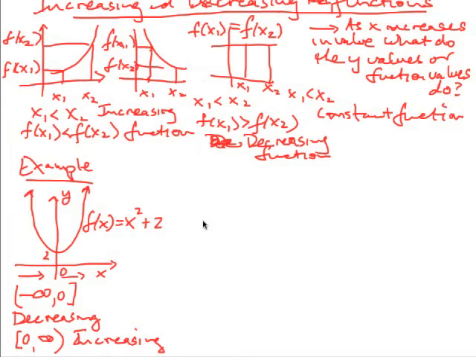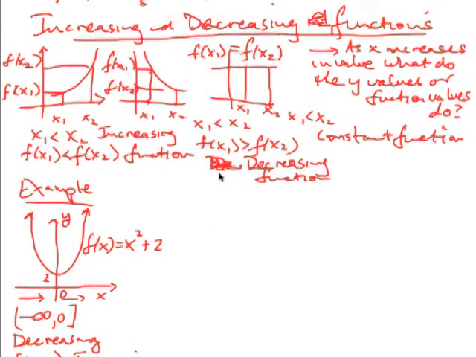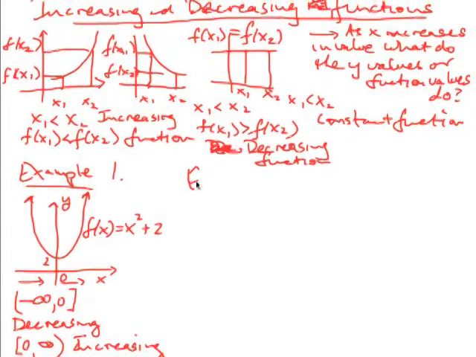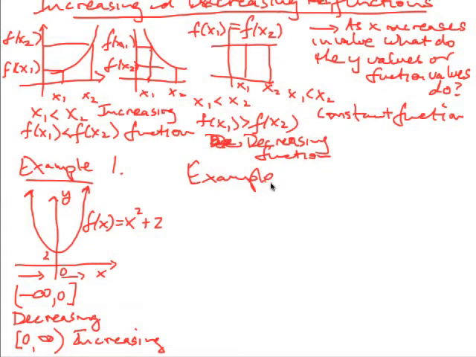Okay. All right, so there's an example of where a function is increasing and decreasing. And so let's have a look at some other types. So here's example 2, for example. Let's suppose I have a function that's like this. 1, 2, 3 here, and then 1, 2, 3 here.